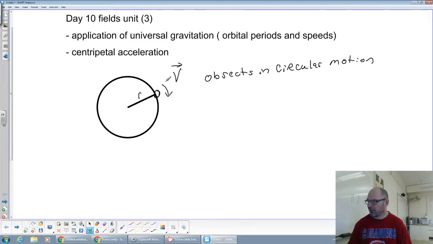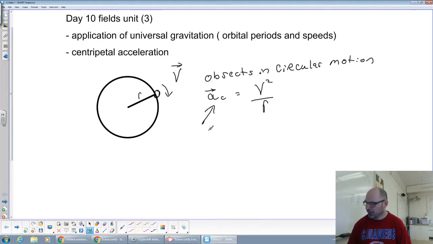If it's going at that velocity, the acceleration in a circle, which we'll call a_c, equals the velocity squared of that object over the radius.